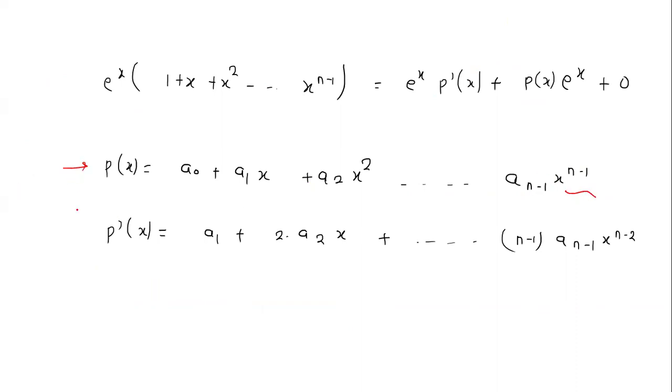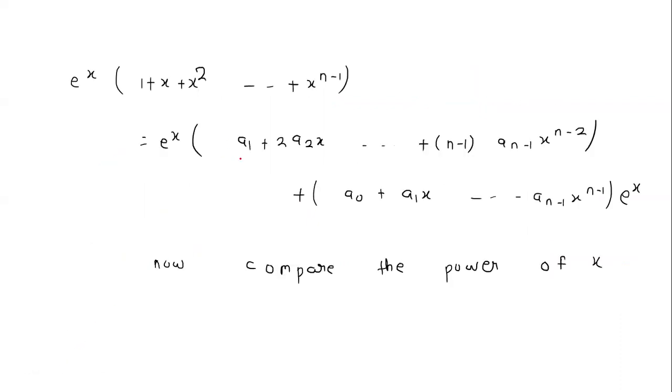Now we have this p of x, so you can differentiate it. The constant differentiation will become 0. Here you get a1, then here you get 2 times a2 times x, and the last term differentiation is n minus 1 multiplied by a n minus 1 x power n minus 2. Now we know p of x and p dash x, so we can replace them here.